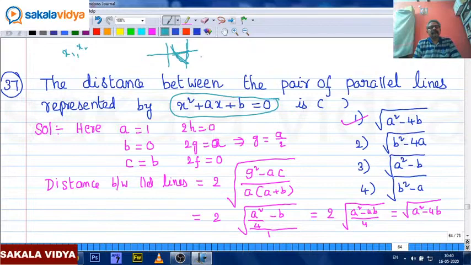So that means you need to find out x2 minus x1. Difference of the roots is given by what is the formula? Mod root d by mod a. So that means indirectly root d, the discriminant. What is the discriminant of this equation? A square minus 4b. So under root of a square minus 4b is the answer. So that also we can do it.